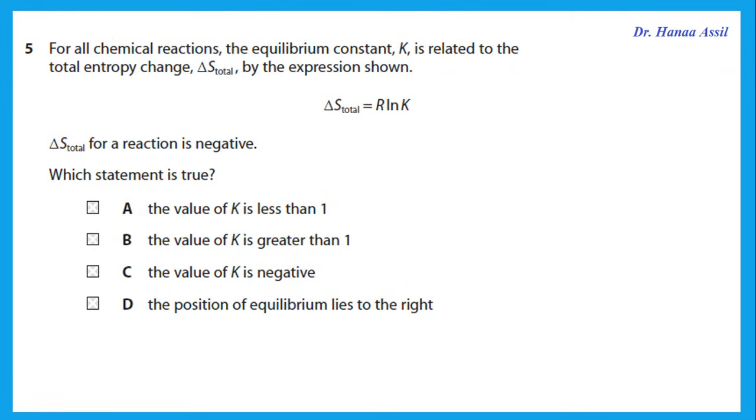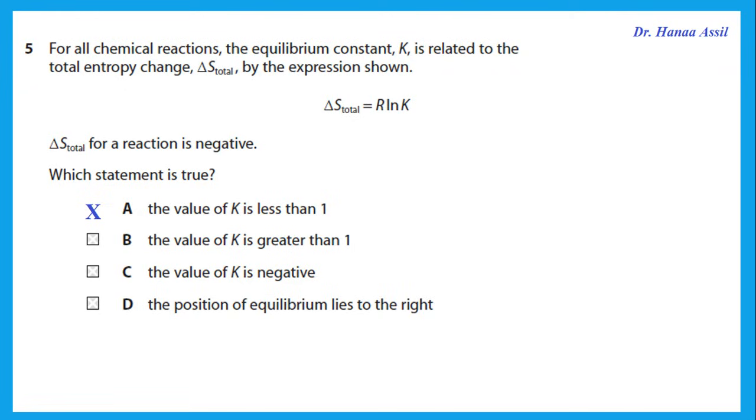For all chemical reactions, the equilibrium constant K is related to the total entropy change by this expression. Delta S total for a reaction is negative. So, for a certain reaction, the delta S total is negative. Which statement would be true? Now, for this expression to end up being negative, the value of K should be less than 1.